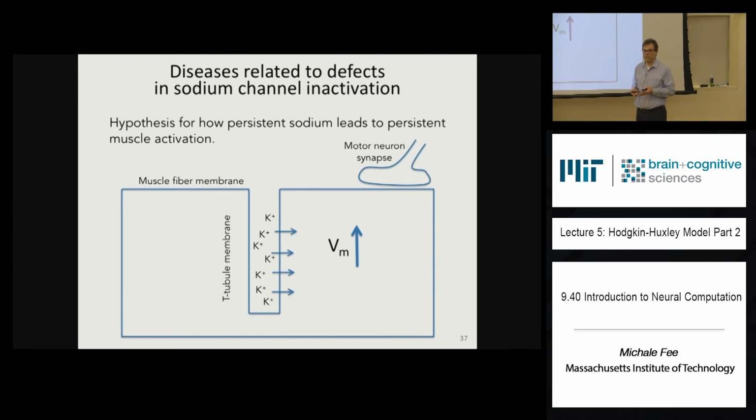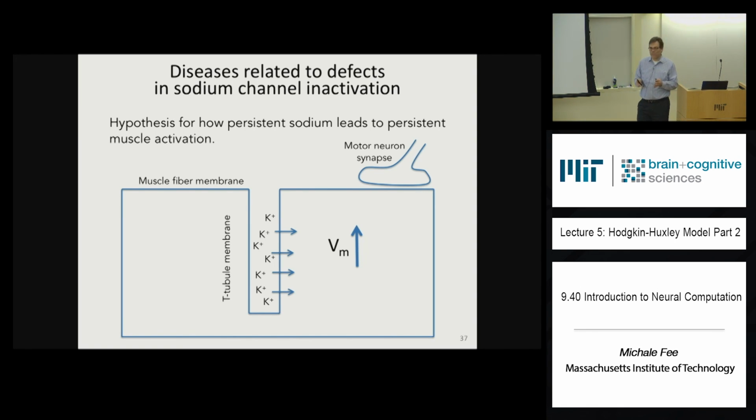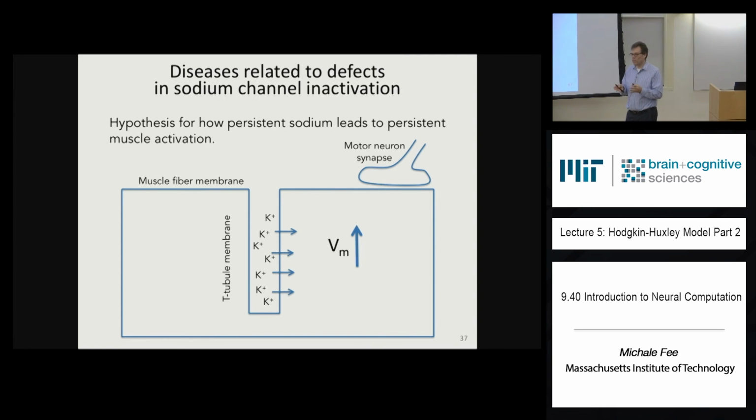There's something wrong with this word model. Neuroscience is full of word models, okay? The only way to know if a word model makes any sense is to actually write down some equations and see if it works the way you think it is going to work. See if your word model translates into math, okay?